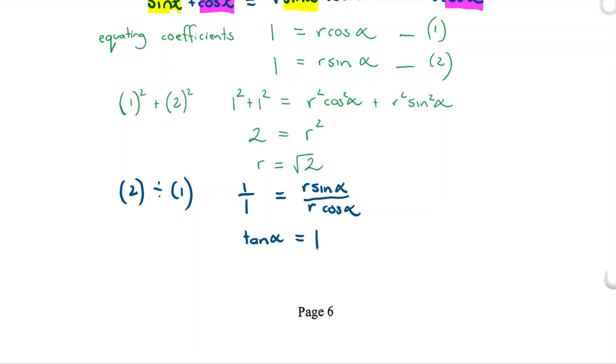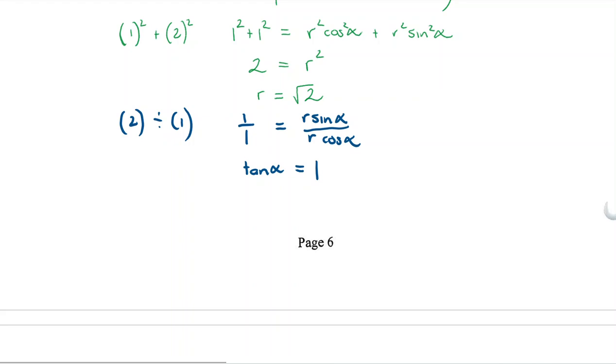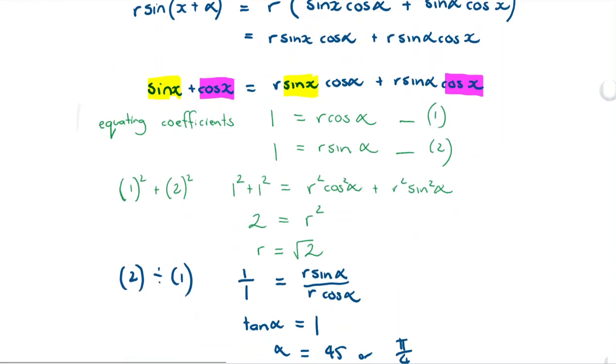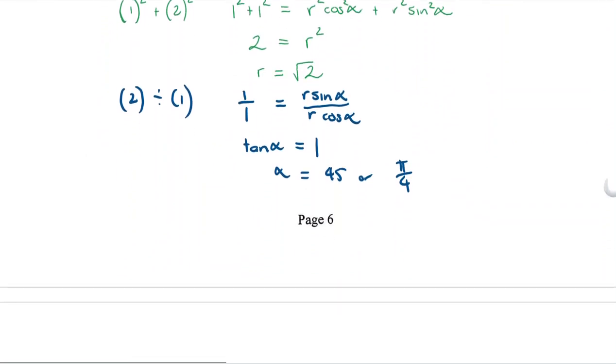Now, what value of alpha, tan of what, gives 1? Pi over 4. You could either do it as 45 degrees, or even better was to go straight to radians. Good job, pi over 4. I know it's in radians because the question told me I needed it between 0 and 2 pi. So I've done what I need to do.